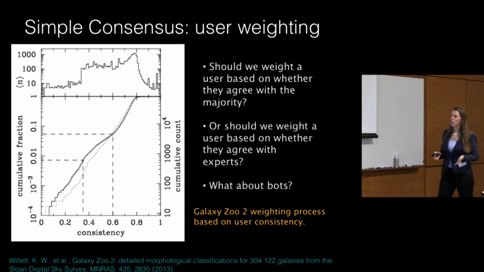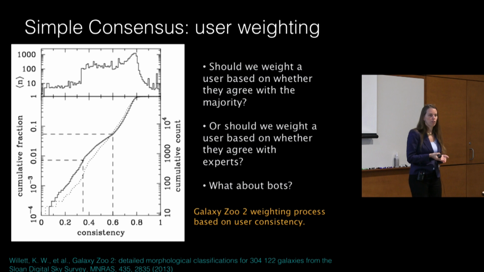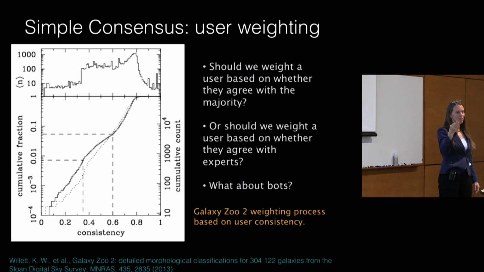The weighting that you can do, again, either you can just take the straight average of the votes and go with that, or you can do much more complicated consensus algorithms where you go through several iterations, you find the users that are most accurate, and you use them as a weighting, and you compare everybody else to them.